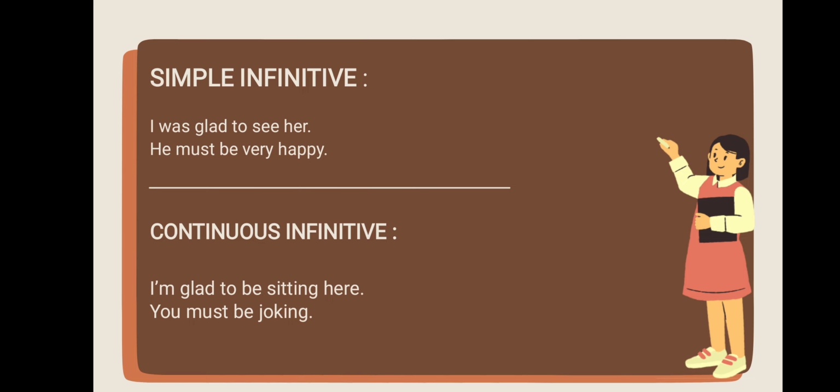Actually, the first one is formed like this: to plus be plus the verb plus ing. And for the second one, the bare infinitive, we have modal plus be plus base verb with ing.